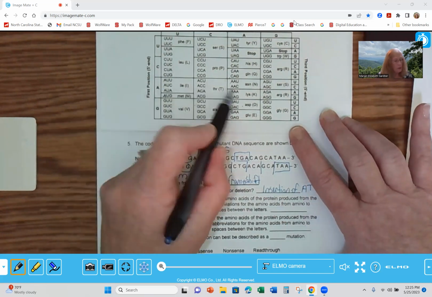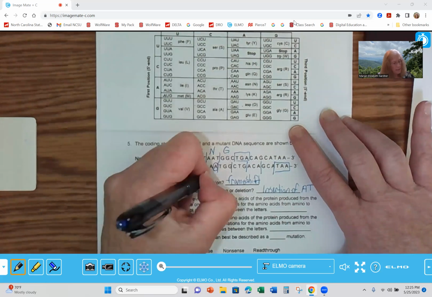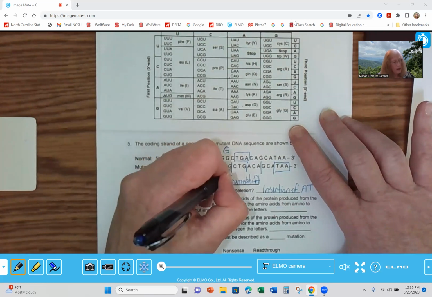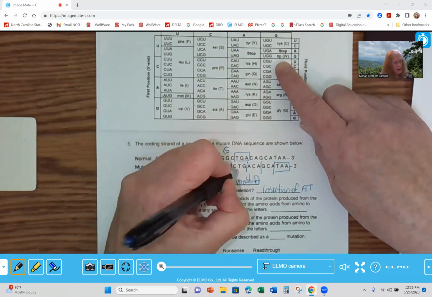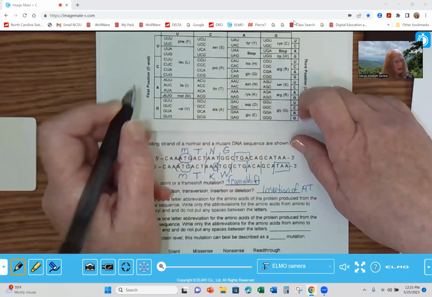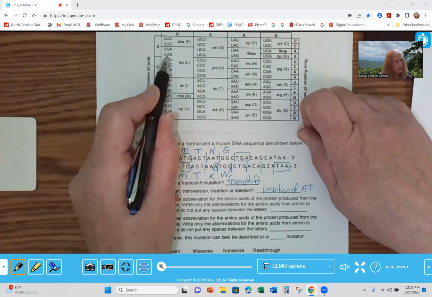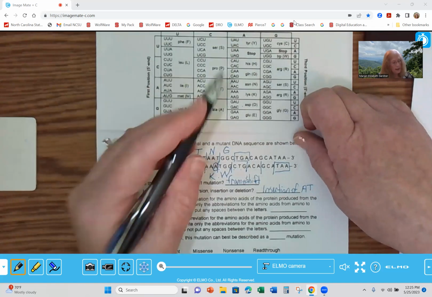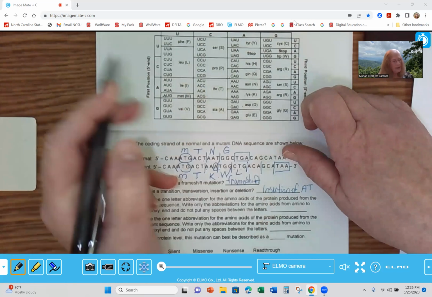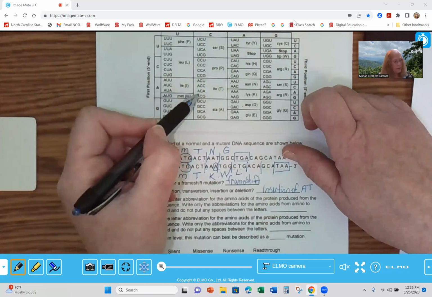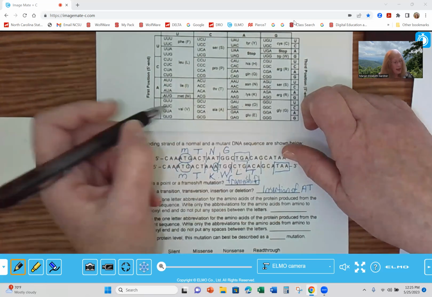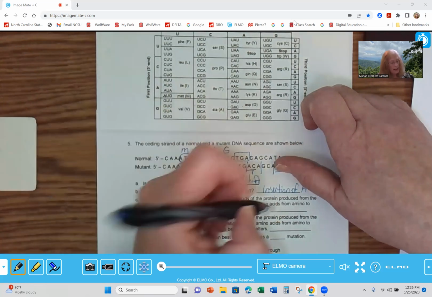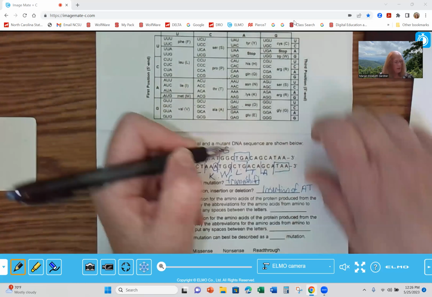AAA, it's going to be lysine, it's a K. UGG is tryptophan, that's a W. CUG, there it is, leucine, it's an L. ACA, threonine, that's a T. GCA is alanine, that's an A.